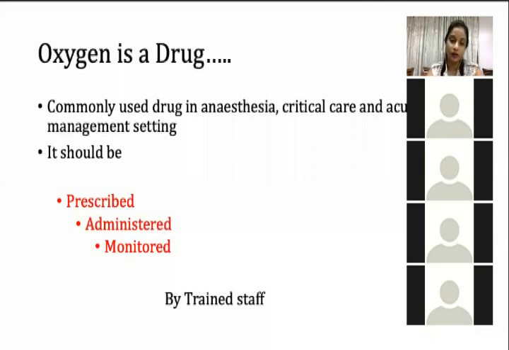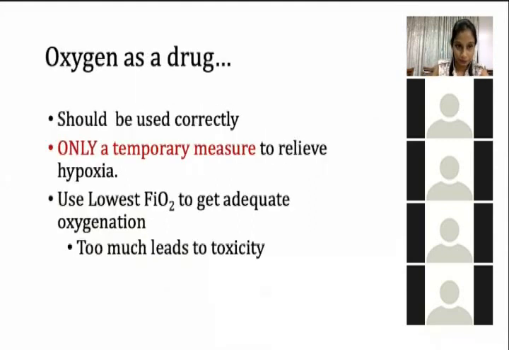And when you give a drug, you always monitor the patient. As somebody said, there can be side effects, isn't it? So, when you give oxygen correctly, it is very much a life-saving drug, and if it is too much, it can lead to toxicity as well. And if it is not enough, again, your problem is not sorted, right?